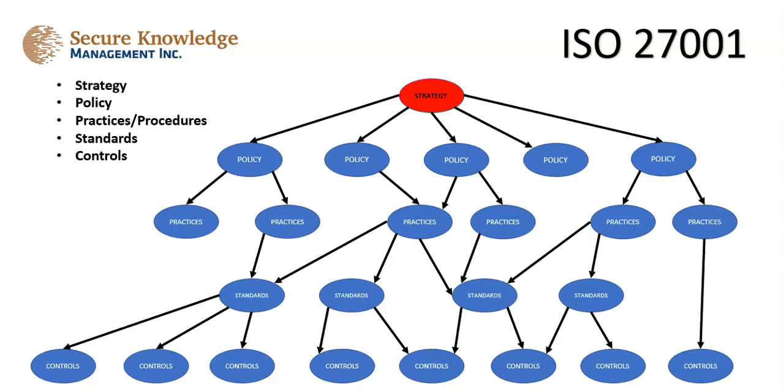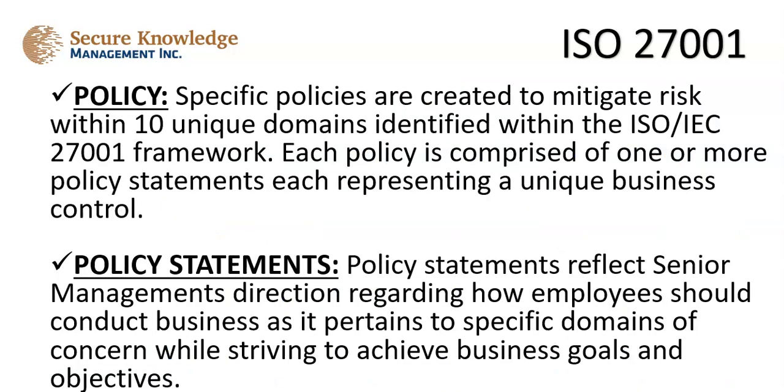The strategy is at the top, and following the strategy, we have policy. Now, policy provides a specific linkage created to mitigate risk within the 10 unique domains listed. In this case, we're talking about the ISO 27001 framework.